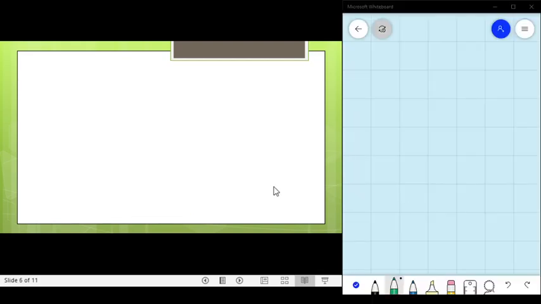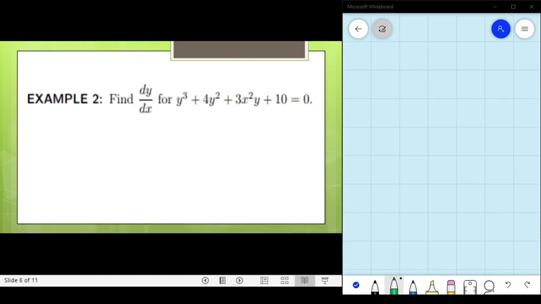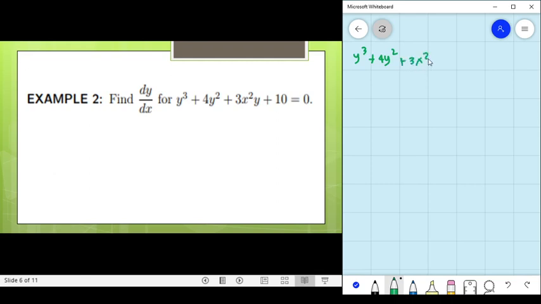Okay, next is example number 2. So what we are going to do is find dy over dx. Okay, so we have y cubed plus 4y squared plus 3x squared y plus 10 equals 0.